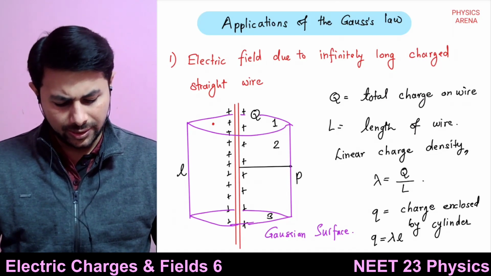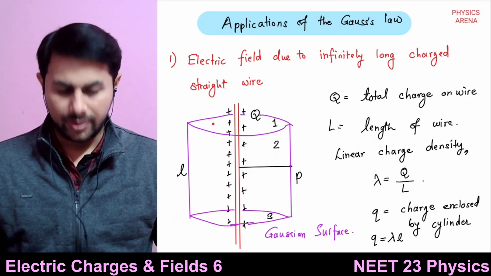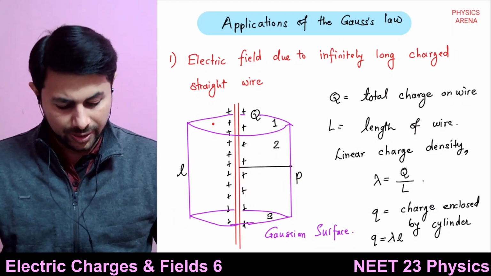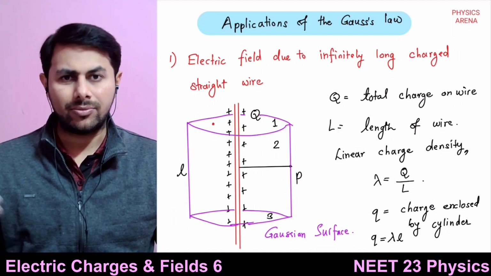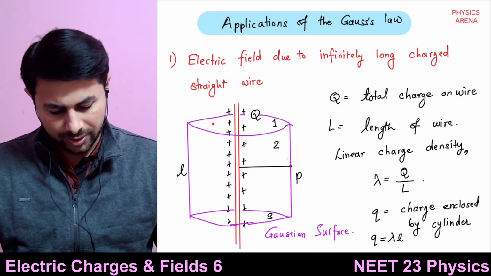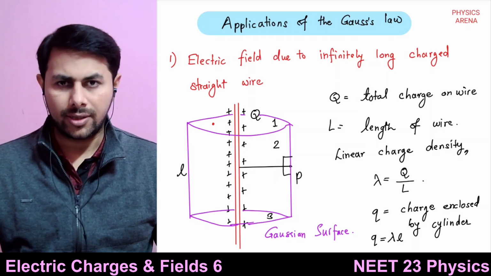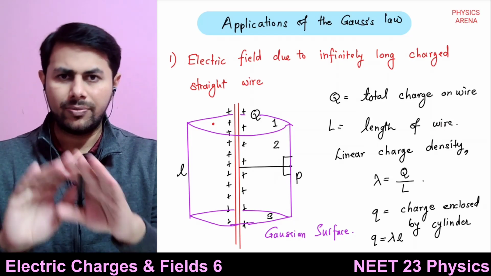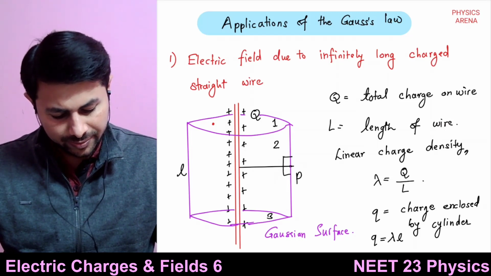And the flux through this curved area, if you consider it. We know that the area vector is perpendicular to the plane of the area. So if I consider a small surface area here, point P, which is part of the curved surface, what will be the direction of the area vector here?